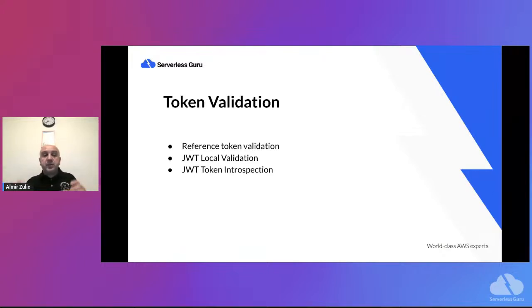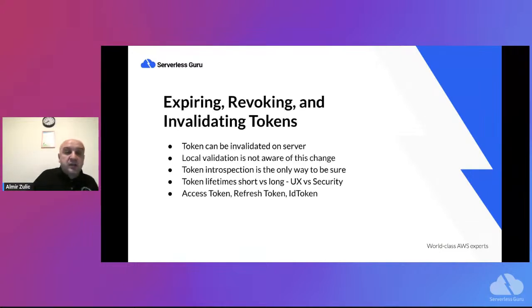Now, in the next slide we will talk about the different situations when the token can actually be invalid, and the client or the server is not aware of that, and the local token validation is not aware of this situation. These are a few caveats when using JWT tokens, which you need to be aware of.